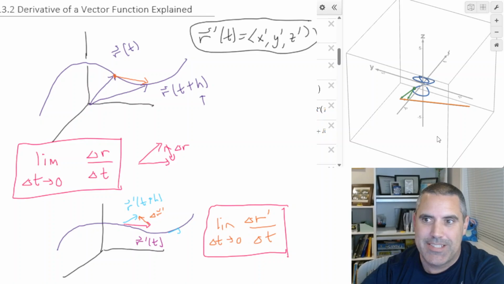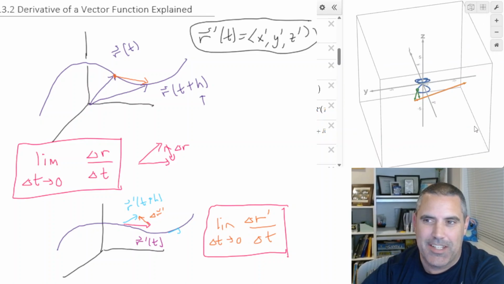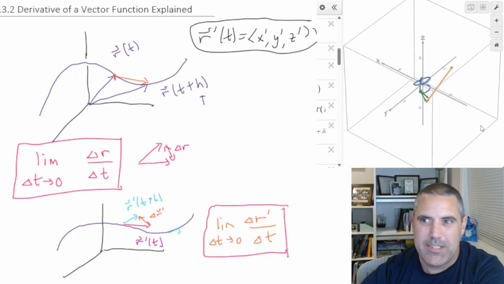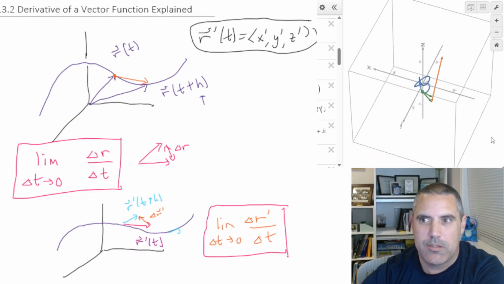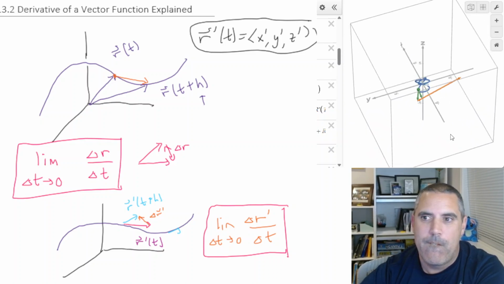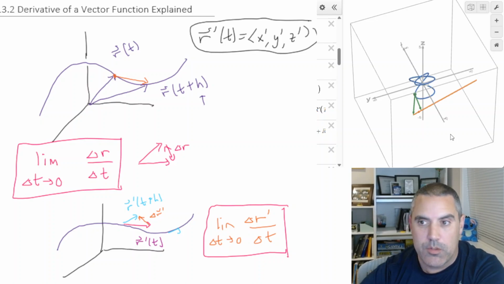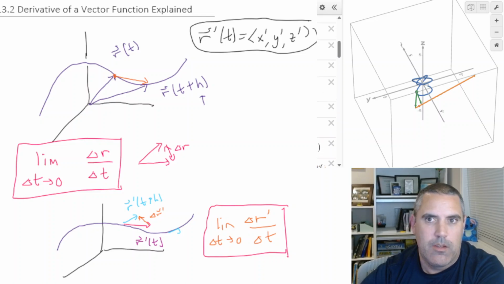This is actually accelerating a lot because look at how much it changed when I rescaled it. Not only that, it's tilted backwards a little bit, so I'm slowing down. I am slowing down, but I'm turning a lot. That's what that measures. As h gets smaller and smaller, it's going to get closer to what the acceleration is. So that's what the second derivative tells us.